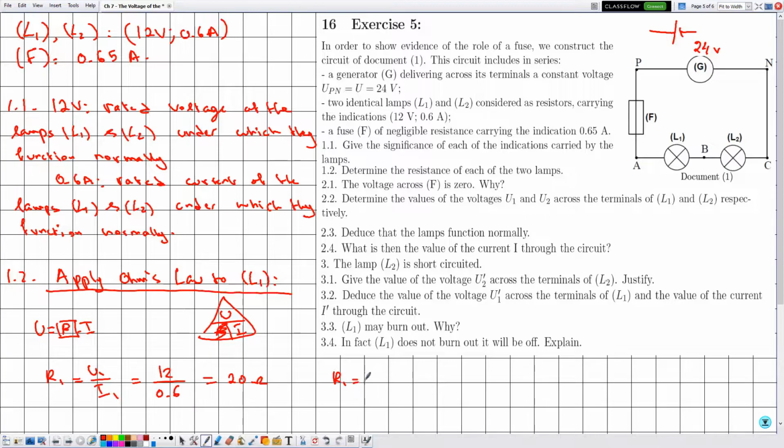So R1 is equal to 20 ohms. Similarly for L2, R2 is also equal to 20 ohms, and this resistance is for both L1 and L2.